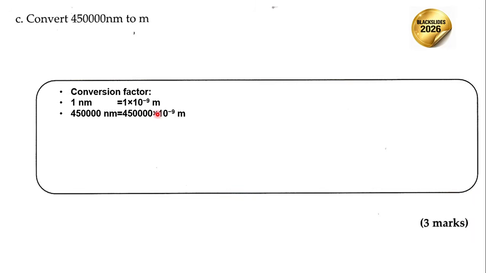So rewriting this number in standard notation, you have to shift 1, 2, 3, 4, 5. So this will be 4.5 times 10 to the power 5, times 10 to the power minus 9.